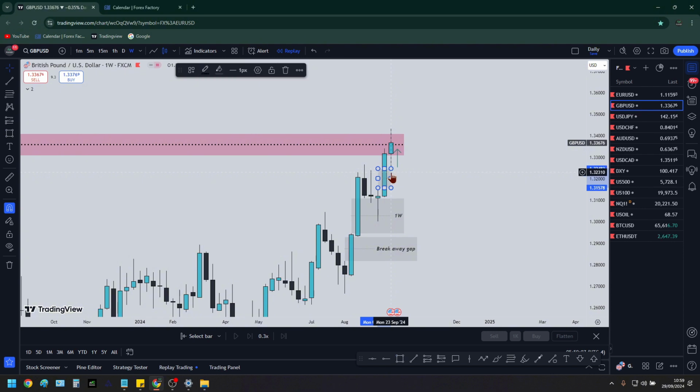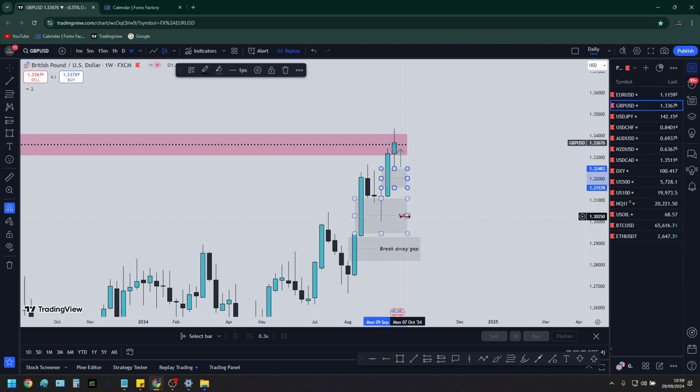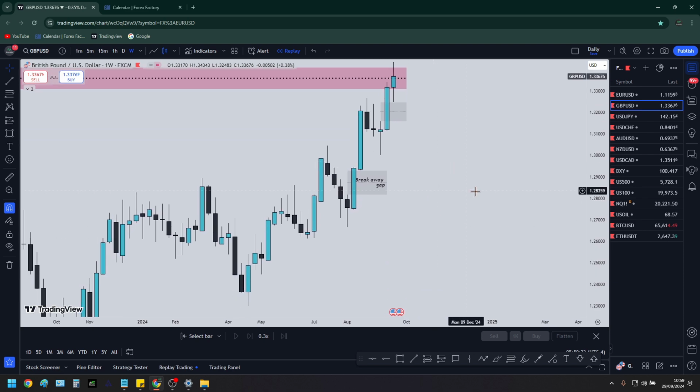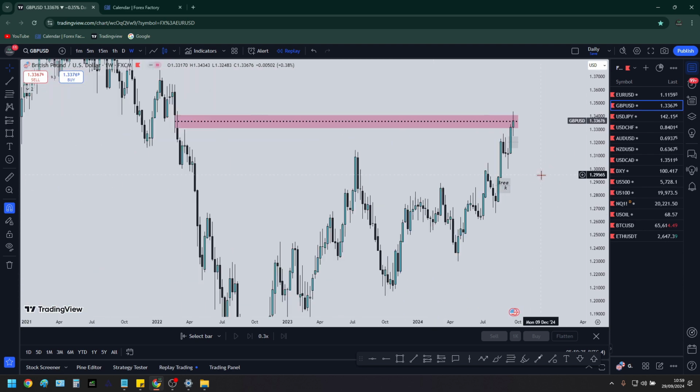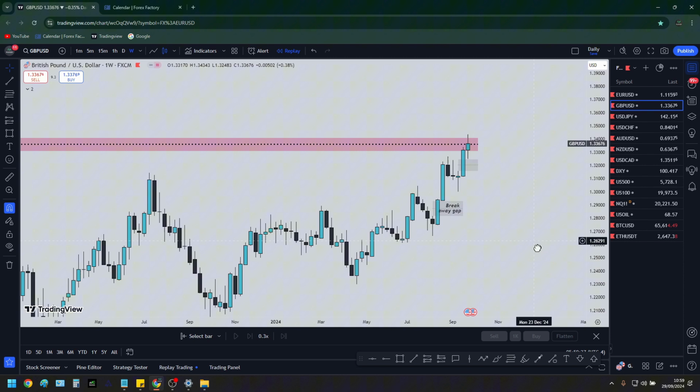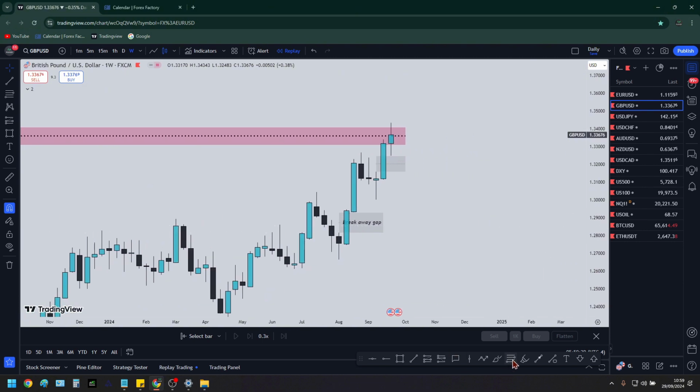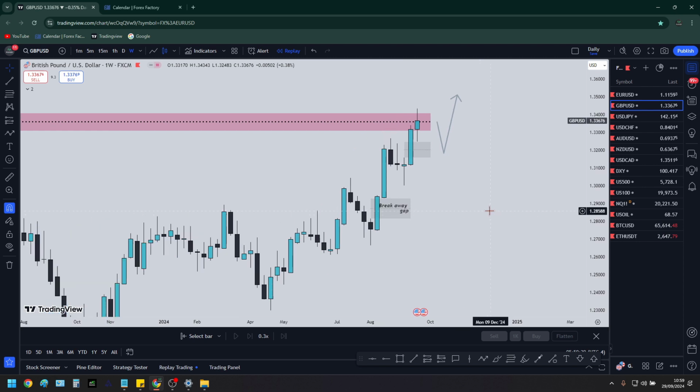We might retrace into this, do something like this and go. If we're bullish, this fair value gap has to hold. If we're not, I think we might reverse from here, but we'll see. I think I'm bullish for now. We'll see what happens next week.